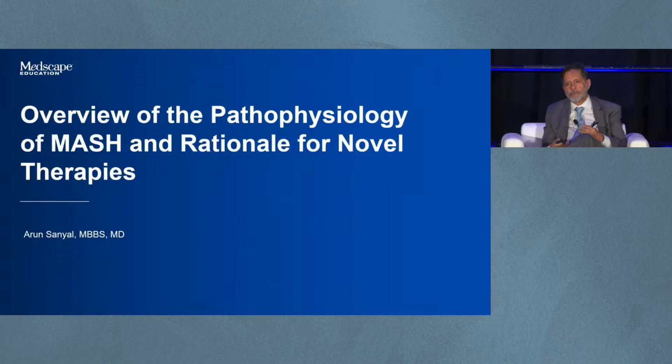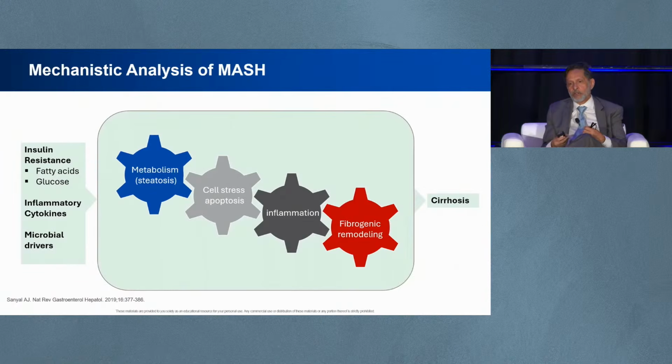Okay, so with that in mind, now let's talk very briefly about the basic pathophysiology and the rationale for how we currently approach pharmacological treatment. This is a simplistic 4-step model of how the disease in the liver develops. There's obviously detail around each of these pieces, but it covers the broad scope.